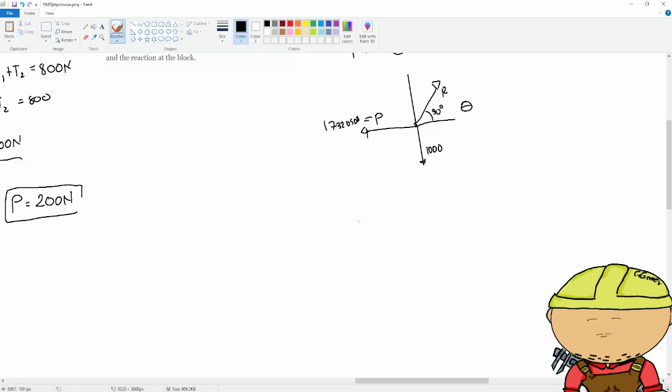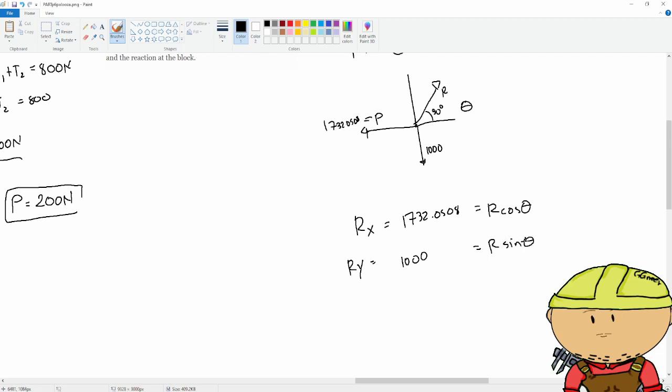P is 1,732.0508. So Rx is equal to P, or 1732.0508, equal to R cosine theta. Ry, 1,000 pounds, is equal to R sine theta.